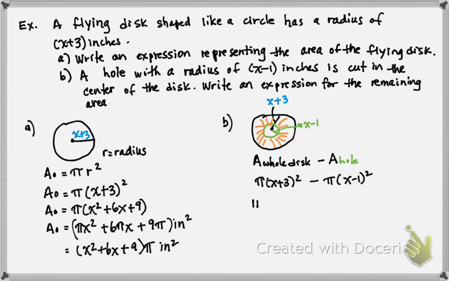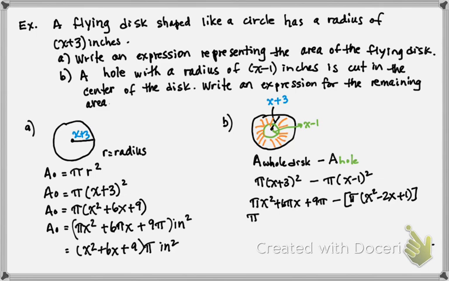We just did it. So I'm going to leave it as pi x squared plus 6 pi x plus 9 pi. And now we're going to subtract from it pi times x squared, x times -1 is -1x, times 2 is -2x, and then -1 times -1 is +1.